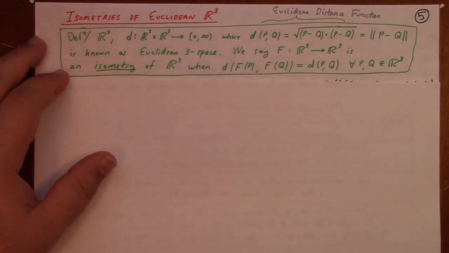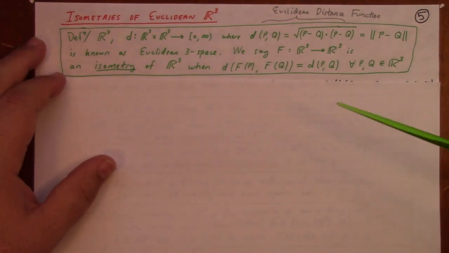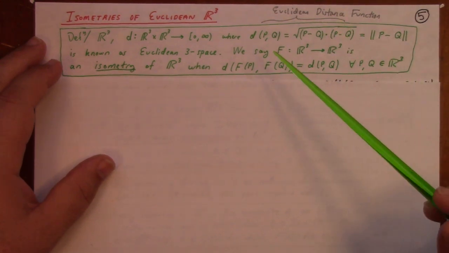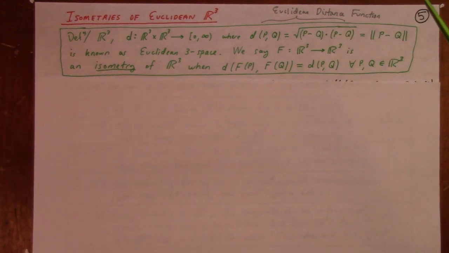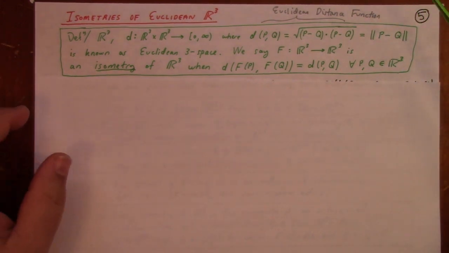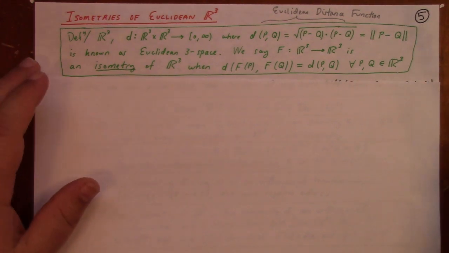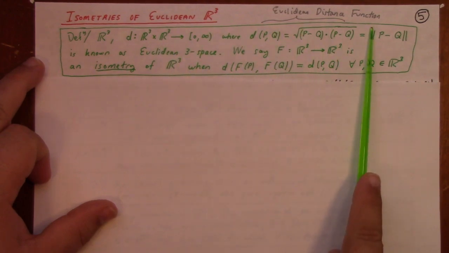All right, so isometries. I'm going to take a step back here and talk about what an isometry of R3 is. The last 10 minutes of this lecture, I'm really begging a question. I know part of the answer but not all of it, so it's somewhat a setup for one of my many hypothetical homework problems I'm writing for this course. Now, if we have three-dimensional space, we can talk about the Euclidean distance function we know and love.